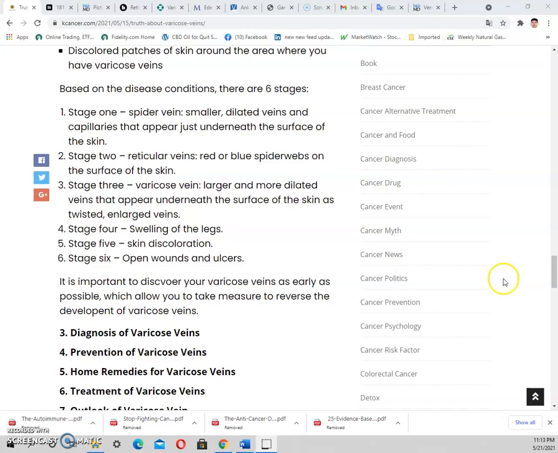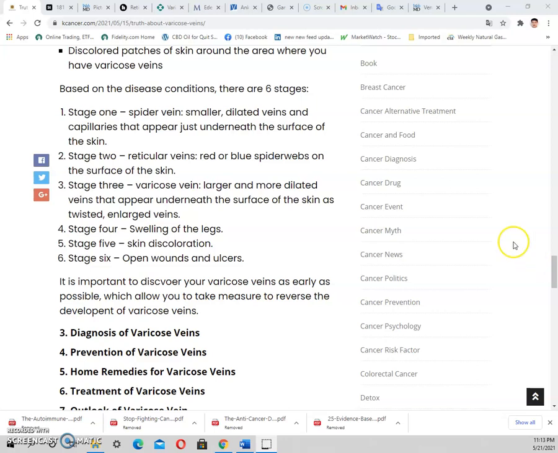Stage 1 and stage 2 are very important for many people to know, because when you are at these 2 stages and you find the causes for the spider veins and reticular veins, you can reverse the illness.